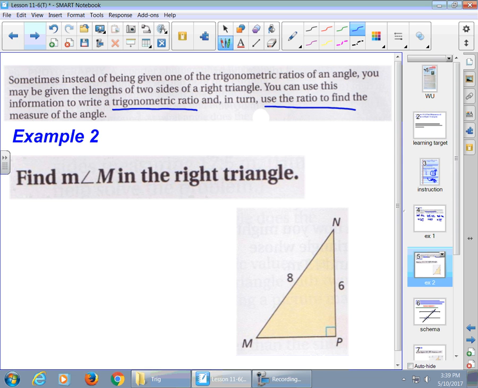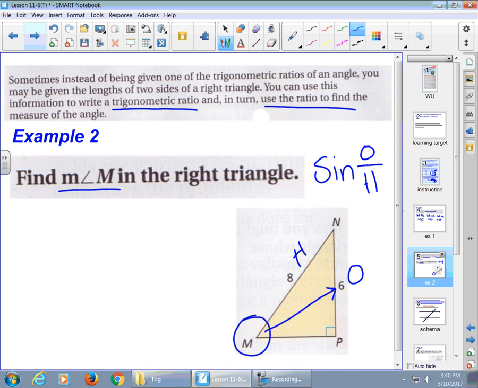So in example 2 it says find the measure of angle M, so that's our reference angle right here, in the right triangle. Well, if I look at angle M and I see what I'm given: 6, which is opposite, and I'm given 8, which is the hypotenuse. And opposite and hypotenuse is sine, okay? So opposite over hypotenuse.